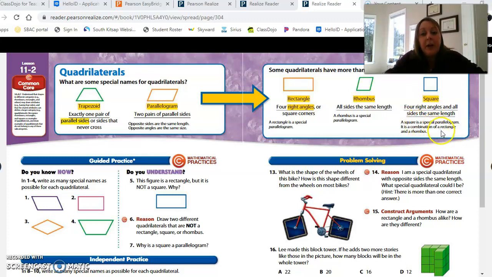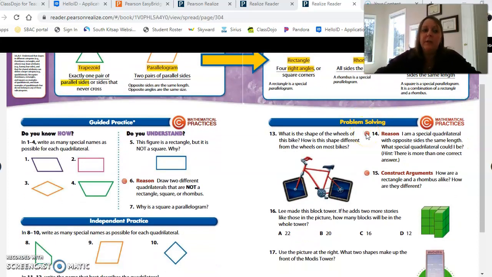I call this a VIP, very important polygon, because it has four right angles, opposite sides are parallel, and all the sides are the same length. So a square can also be a rectangle or a rhombus, a parallelogram, a square, and a quadrilateral. Lots of special names for the square, and that's why the square is a VIP.